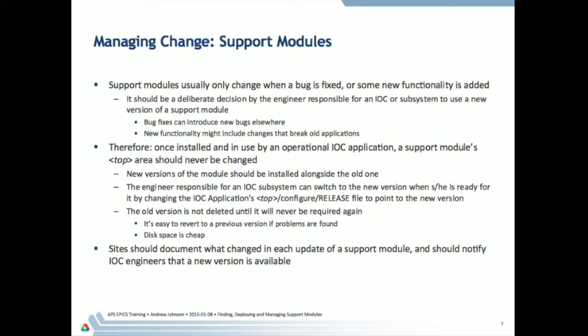This is something that we don't do terribly well, at least the accelerator side of things doesn't really document what changed in all the updates of the support modules, certainly for support modules that are managed internally. That's why I try and keep release notes up to date to say what's new.